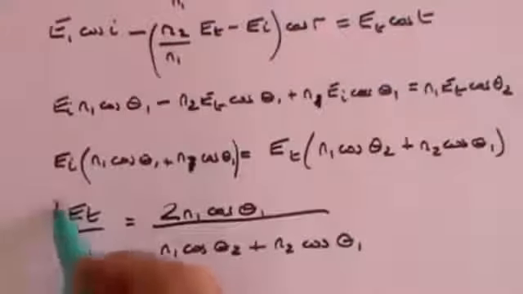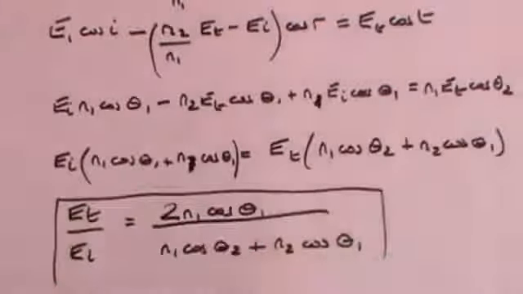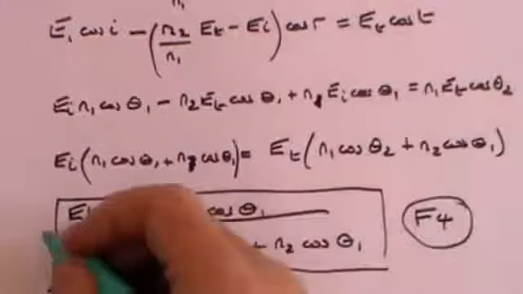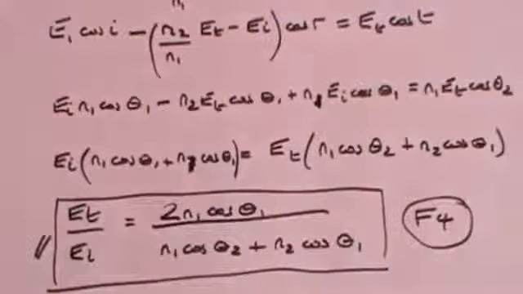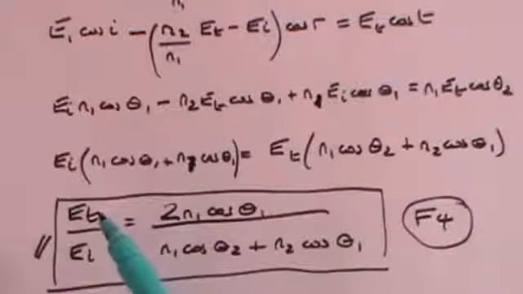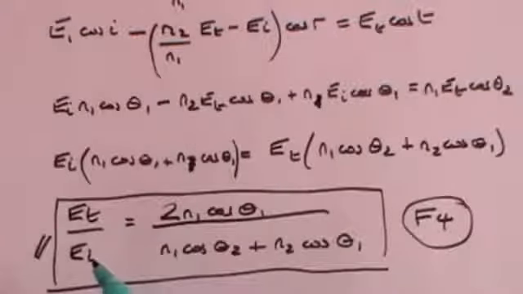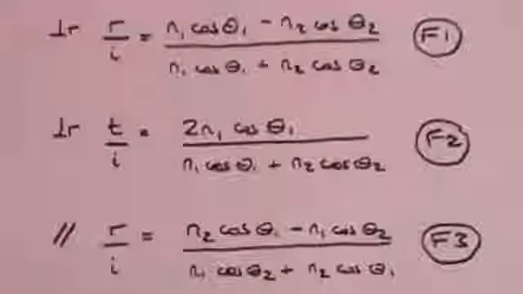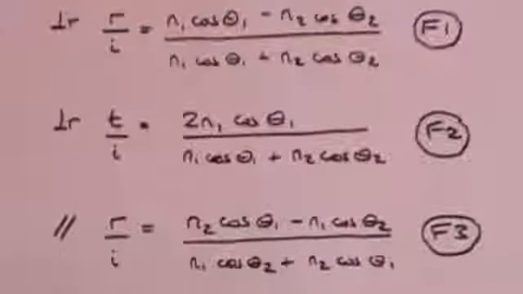And that is Fresnel's fourth equation for the parallel E vectors, and that tells you that for the parallel E vector, the ratio of the transmitted E vector or the refracted E vector to the incident E vector is given by this equation. So there they are, the four Fresnel equations. Well, at the moment there's only three.